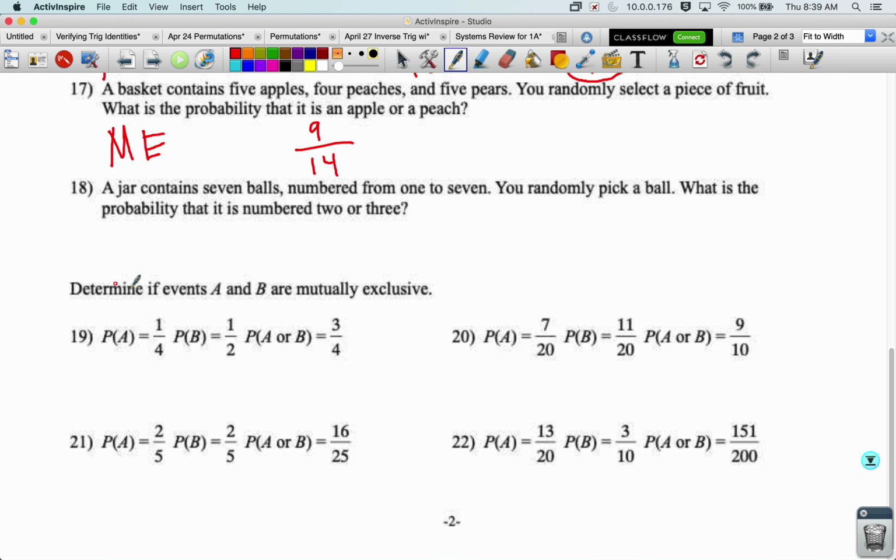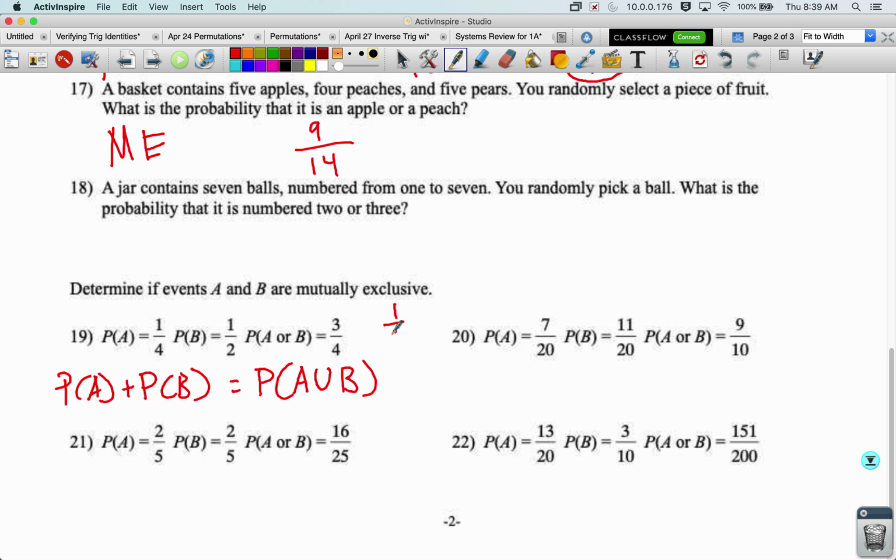All right, how do you determine if events are mutually exclusive? What you've got to do is try and add them and see if it adds to this. So here, I'll write that out with math first. The probability of A plus the probability of B should equal the probability of A or B, that's how we write or with that notation.